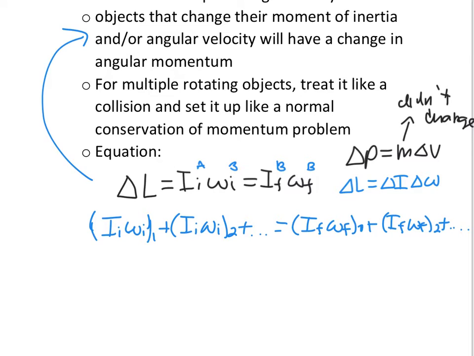I believe your formula sheet gives you delta L equaling something along these lines. I don't have it in front of me right now. But your formula sheet also gives you the rotational equivalent of impulse without really calling it that.